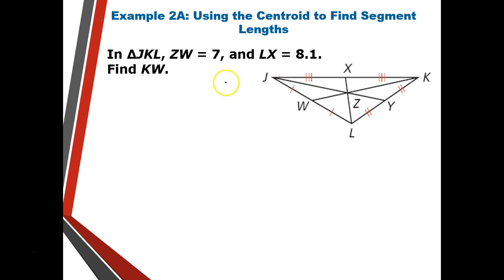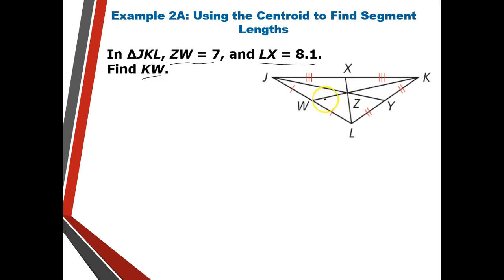We have medians being drawn here. And let's see, we have ZW is equal to 7 and LX is equal to 8.1. Well, first we're asked to find what is KW. KW is this median right here, and we are given ZW.